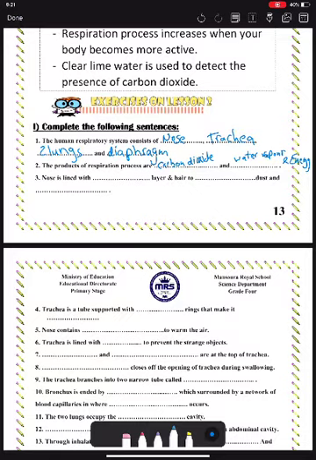Number 3, nose is lined with mucus layer, and it is here to filter the air from dust and microbes.